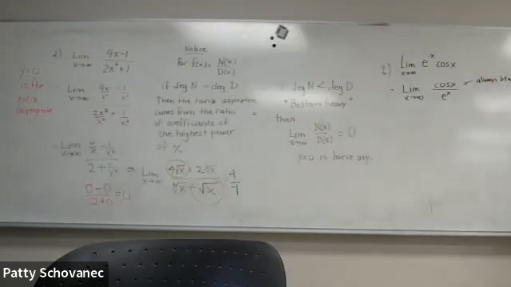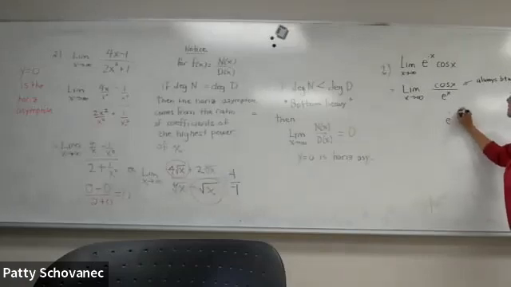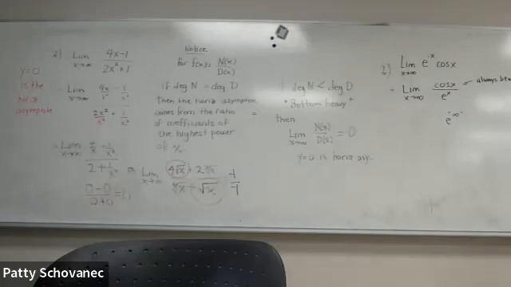What about e to the x when x gets big? What happens here? What's the graph of y is equal to e to the x look like? It gets big fast, right? Exponential growth is used as a phrase when things grow fast.